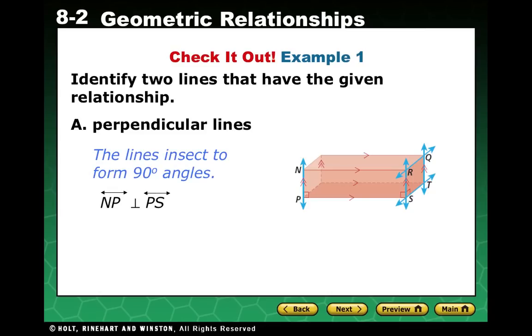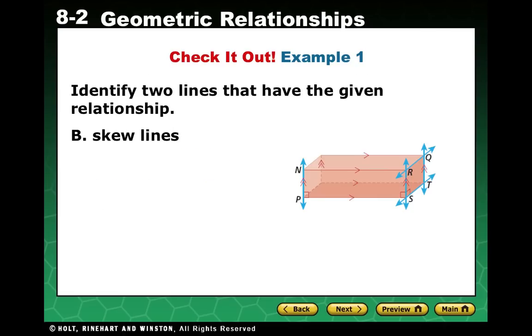So you see that in a few different places. And one example of two perpendicular lines for this drawing are NP and PS. Another example is RS and ST. Skew lines again are two lines that are not parallel and not in the same plane. So we would say NP and QR or NP and ST.